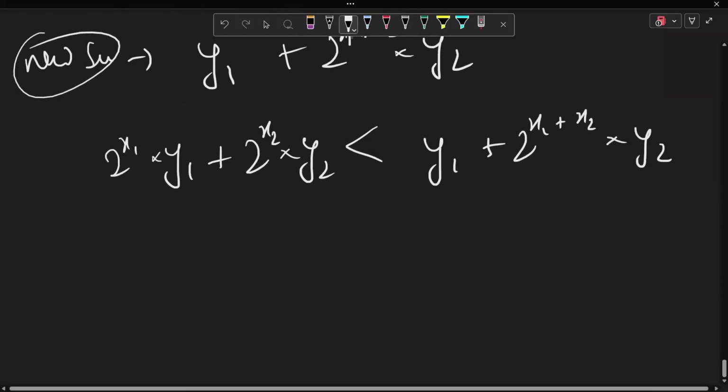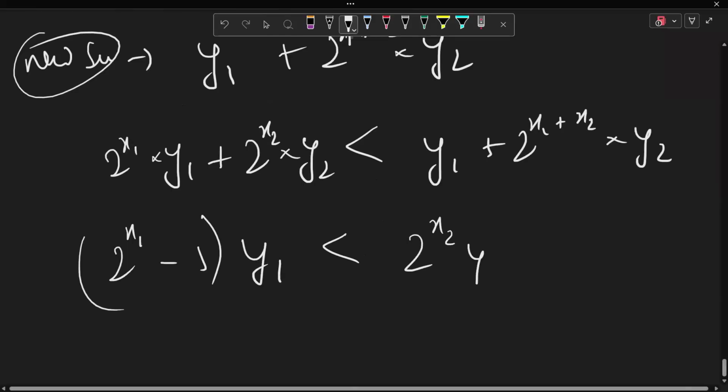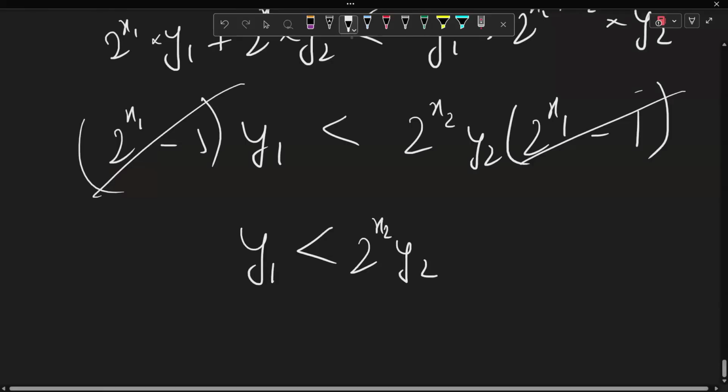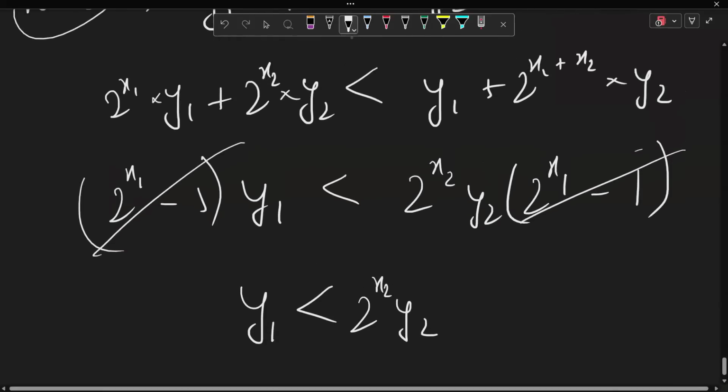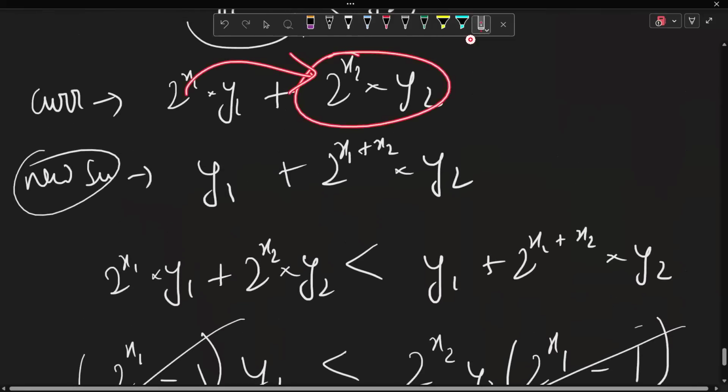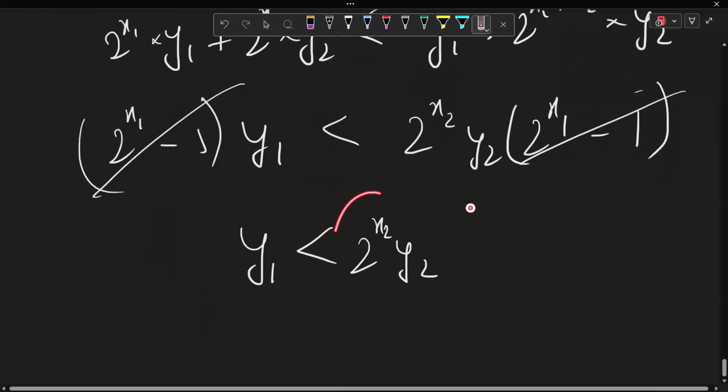If you move y1 there, then 2 to the power x1 minus 1 times y1 is less than 2 to the power x2 y2, taking 2 to the power x1 minus 1 in common. These are common things you can cut. So basically, if y1 is less than 2 to the power x2 y2, then you would move it there. Or from that also you can understand, if this value was greater, you would move it there, because it is better that these powers are with some greater value. That's the result you get: if this value is greater, you move it there.